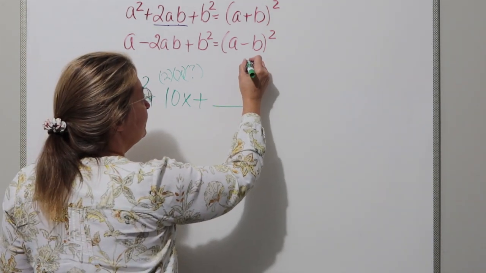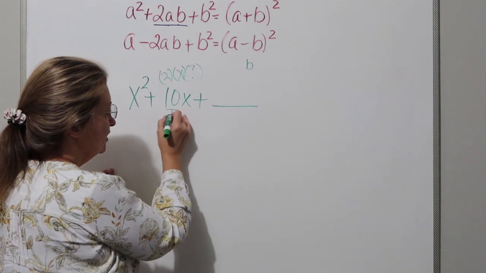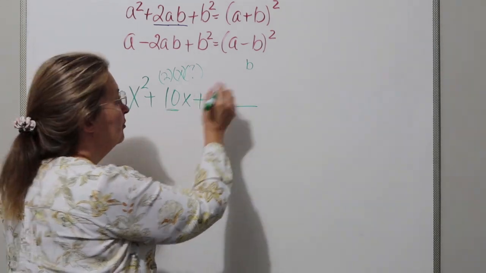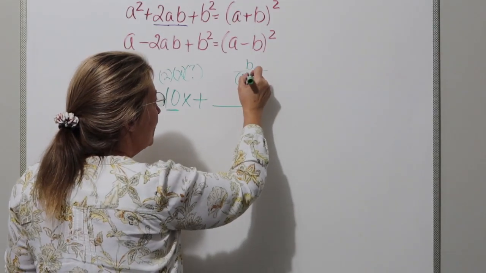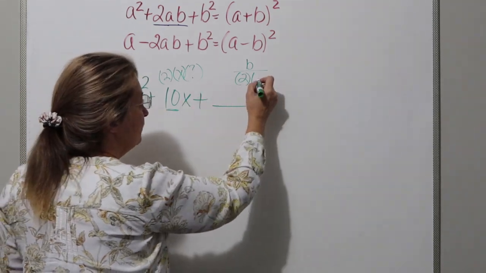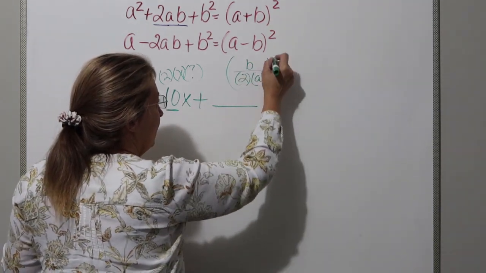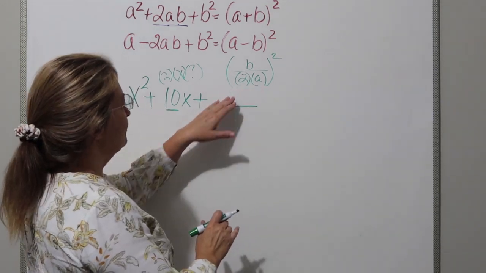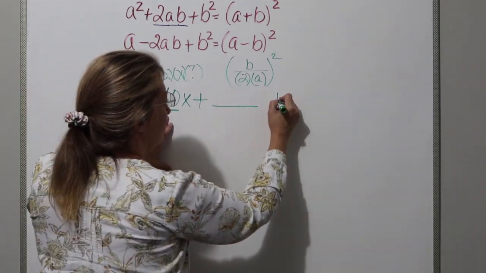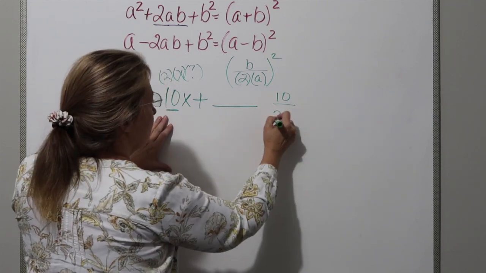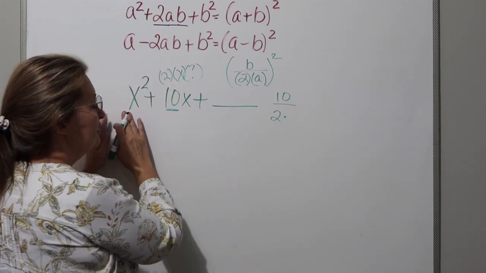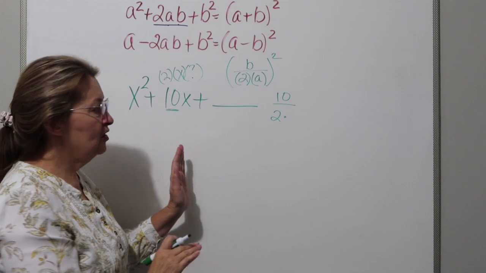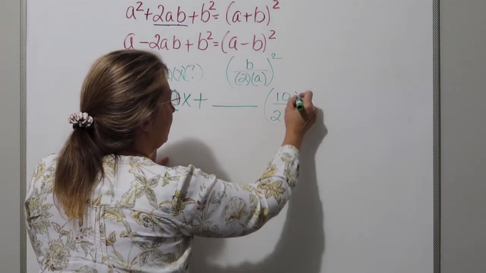And the formula is to take b, which is the coefficient of this linear term, divide it by 2 times the coefficient of this, and then square it all. Okay? So let's just use this formula. I'm going to take 10 over 2 times, the coefficient of this is just 1, so I don't have to worry about anything there. I'll put the 1.